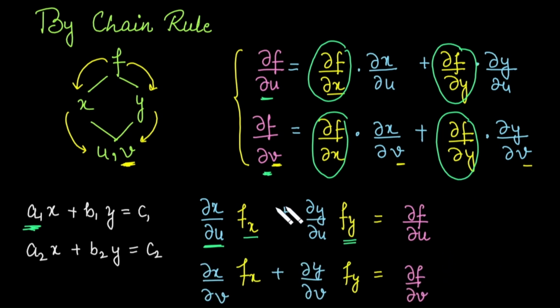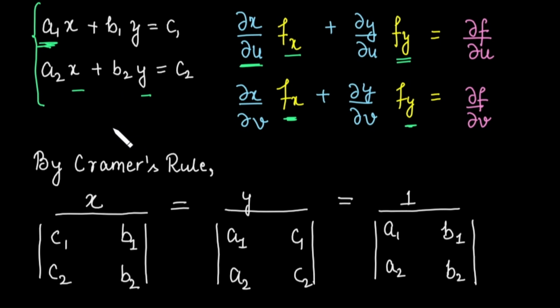Our goal is to find the values of the partial derivative of the function with respect to x and y. For that, we can use Cramer's rule. According to Cramer's rule, we can find the values of the unknowns x and y by this form. We can apply the same Cramer's rule on these equations.